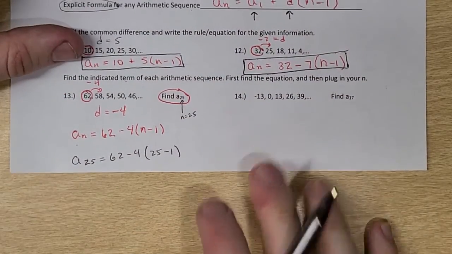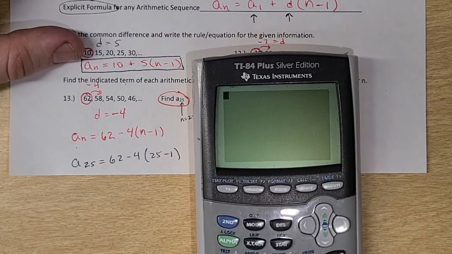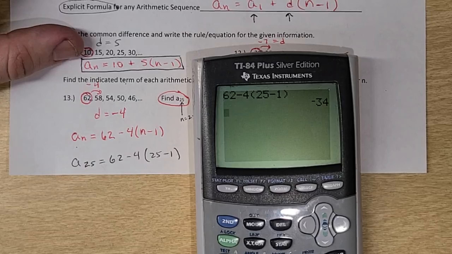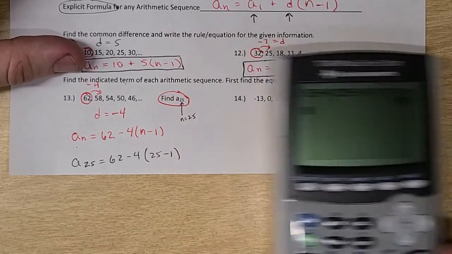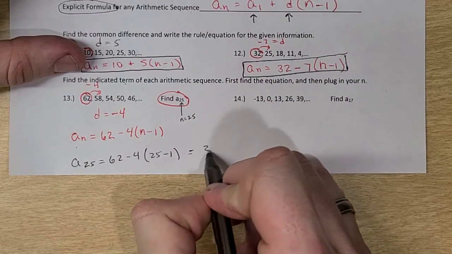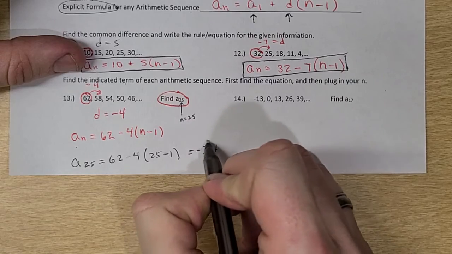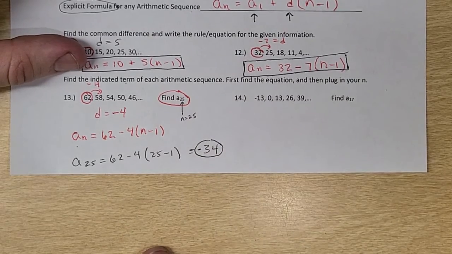And actually, I'm not even going to do this by hand. You just punch that whole thing into a calculator if you have it: 62 minus 4 times 25 minus 1. Enter, and I get negative 34.